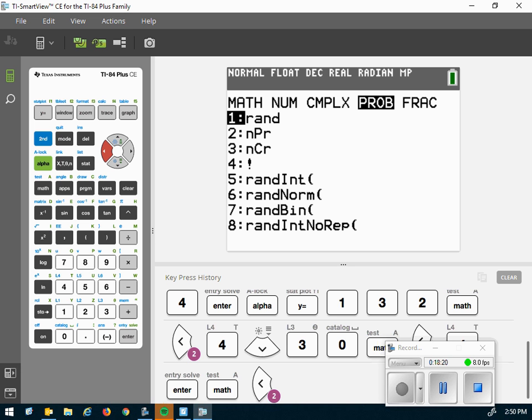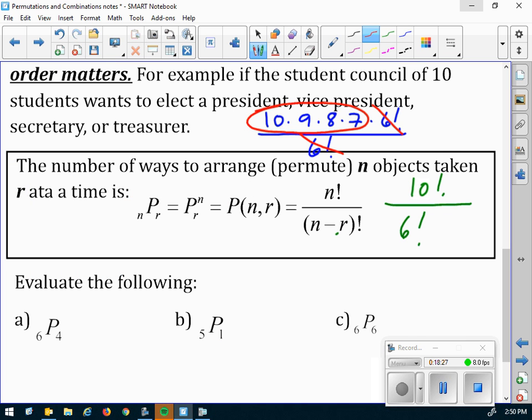This is what we're going to use right here, number 2. So you say, okay, how do you do that? Let's do 10. It's a permutation of 10 taken 4 at a time. So here's what you got to do. You've got to type in this number before you even go to that command. So type in your 10.